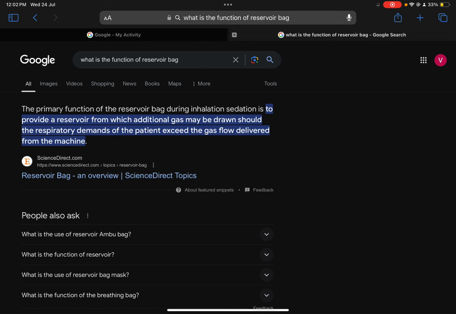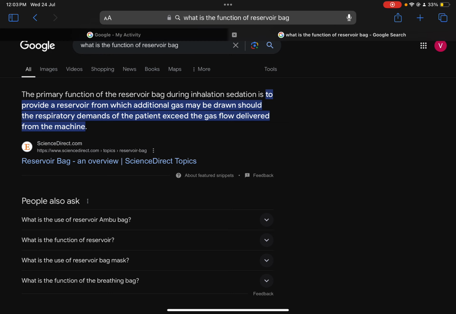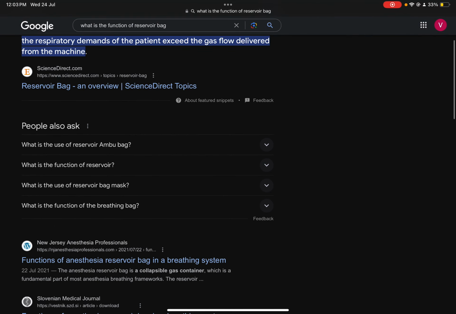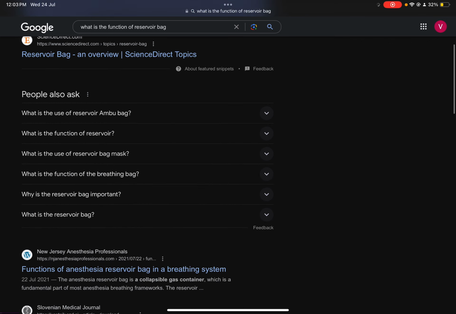What is the function of the reservoir bag? It provides a reservoir from which additional gas may be drawn should the respiratory demands of the patient exceed the gas flow delivered from the machine.